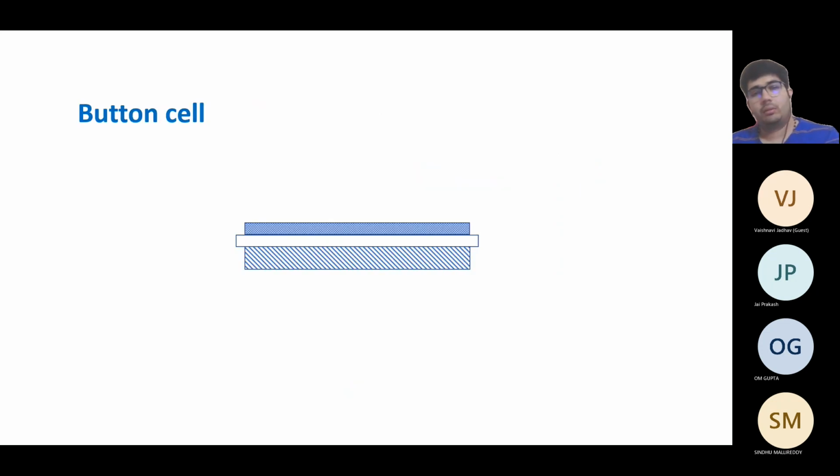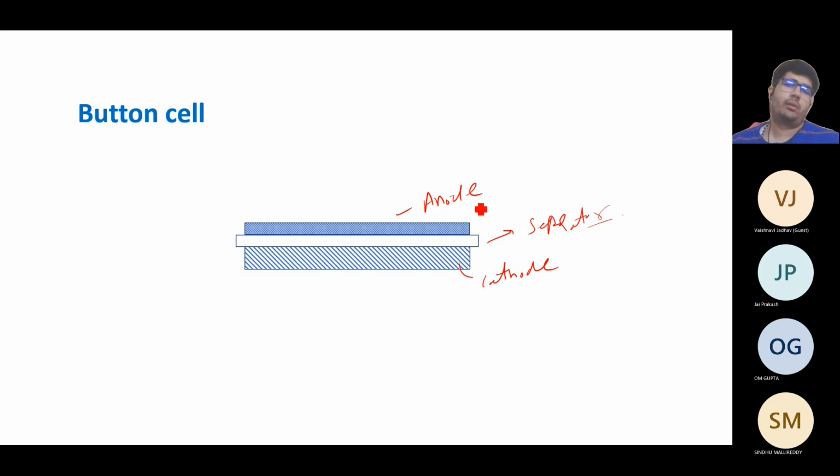So this is the button cell. We have an anode, a cathode, and a separator, which also acts as an electrolyte. This is the complete setup of the button cell.